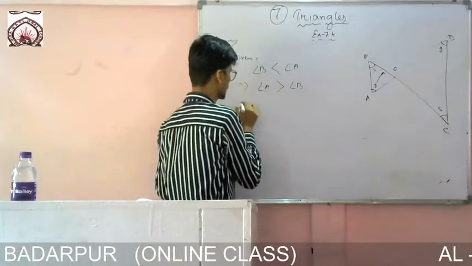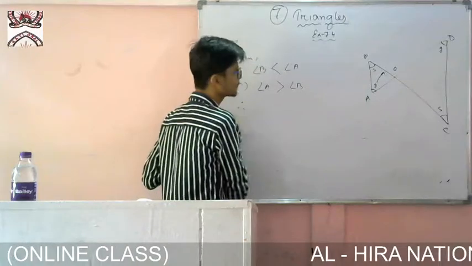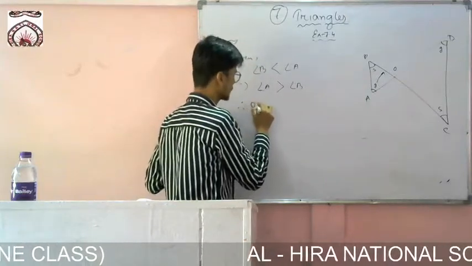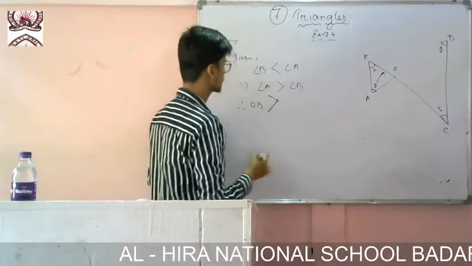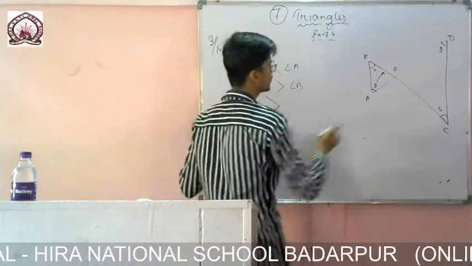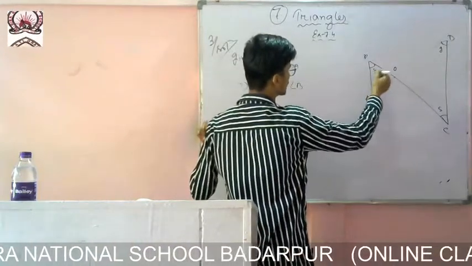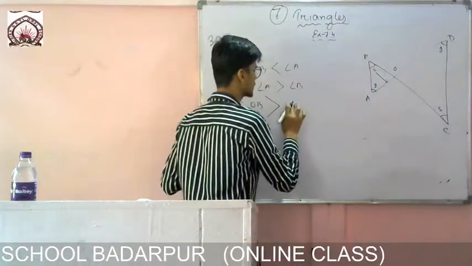Therefore, you write: OB is greater than OA, since the side opposite to angle A is OB, and the side opposite to angle B is OA.